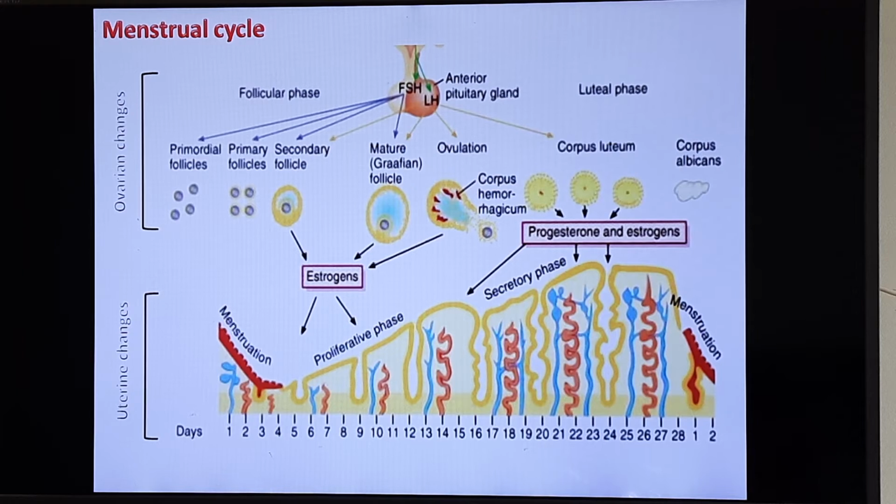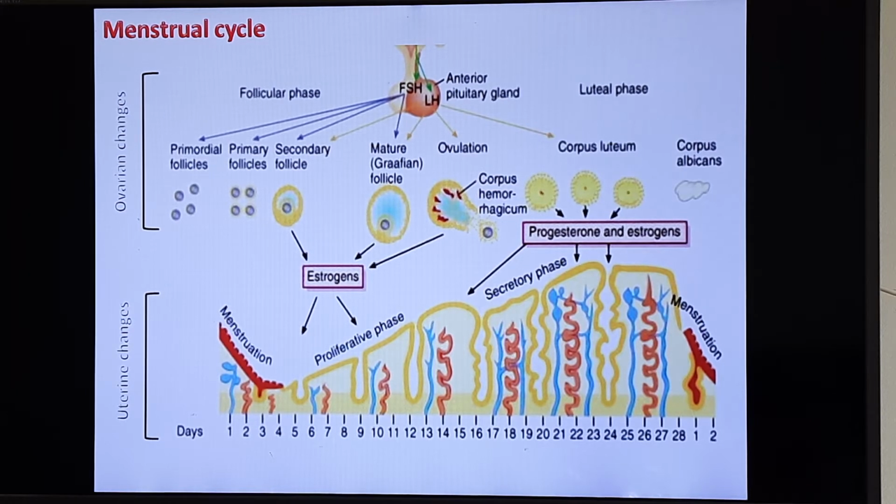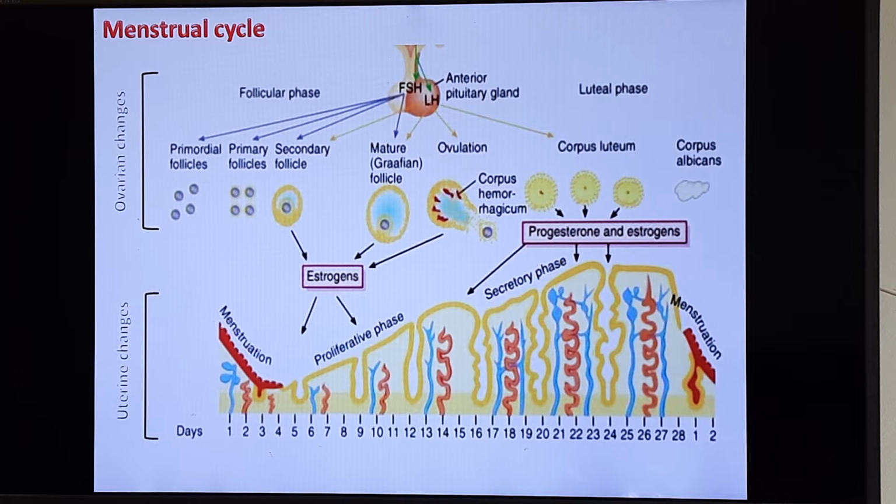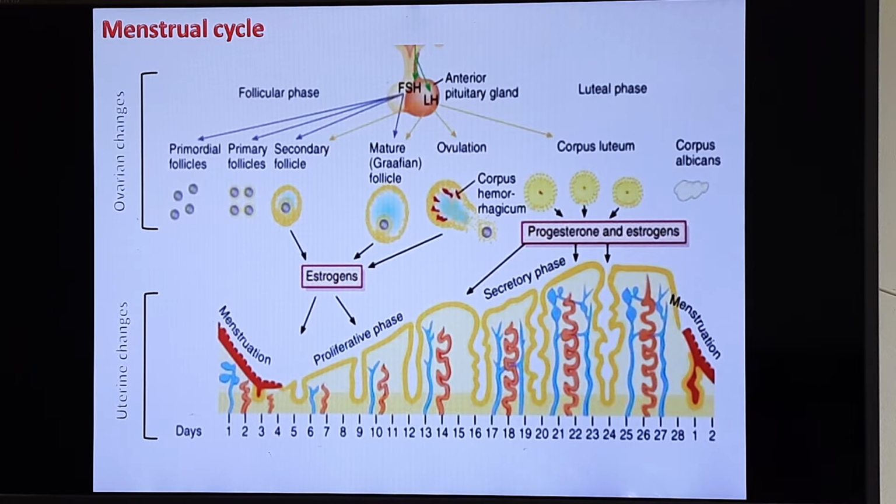It lasts up to the 5th day. It is started when the prostaglandin hormone is released in the body. This prostaglandin hormone degenerates the endometrial wall of the uterus.